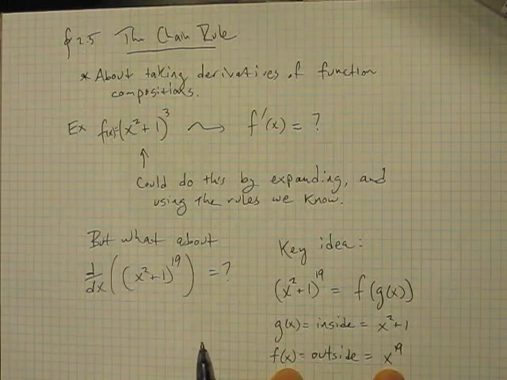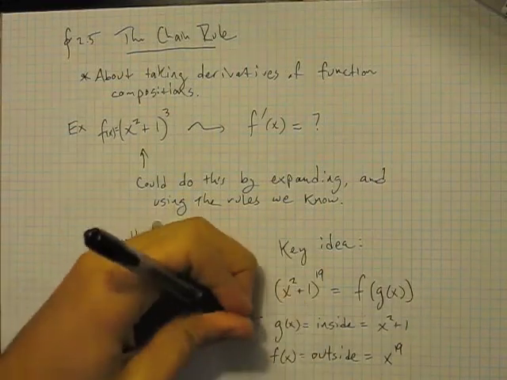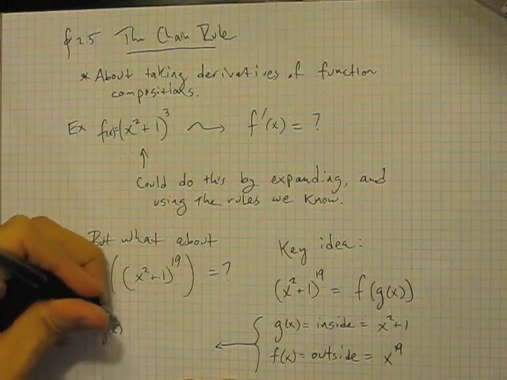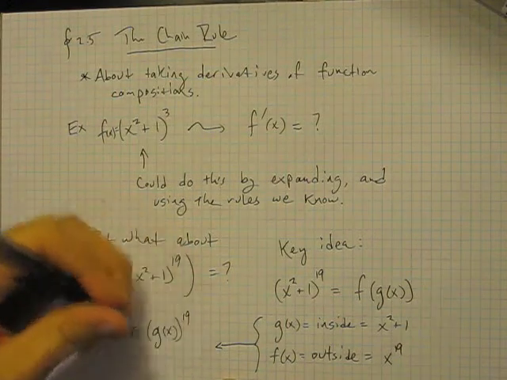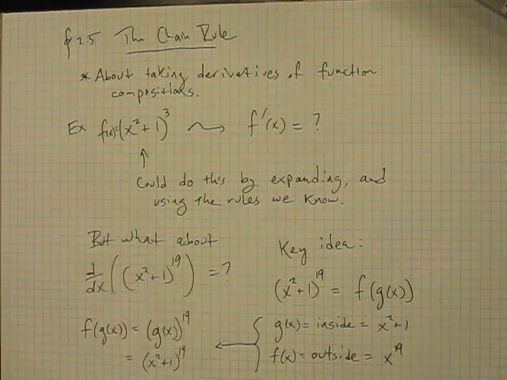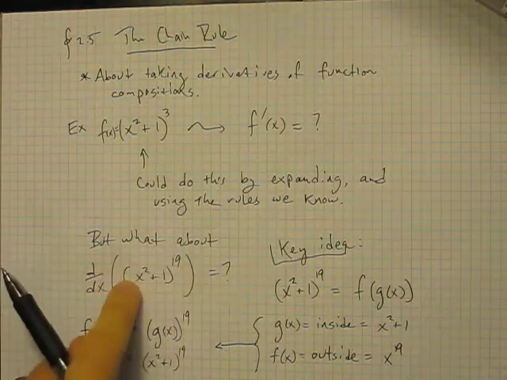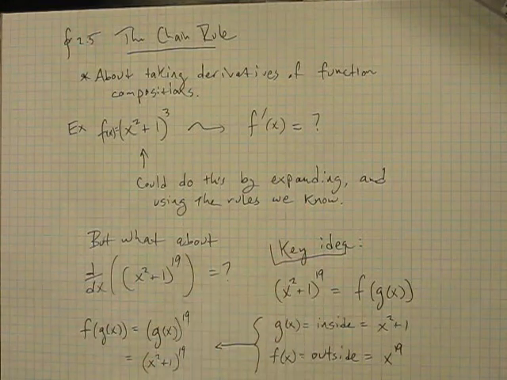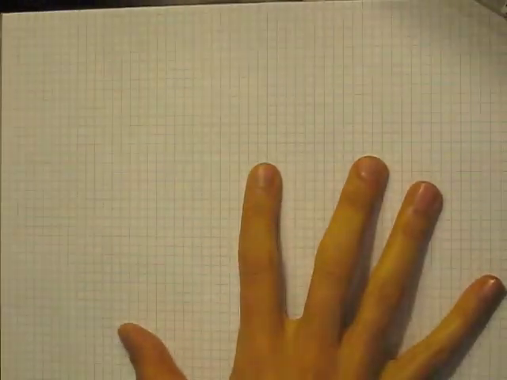If you compose them with each other, f of g of x is g of x raised to the 19th power, which is x squared plus 1 to the 19th power. That's the key idea here. In order to compute a derivative of a function like this, we need to recognize that it is two functions composed with each other. Okay, so here's the rule for this.